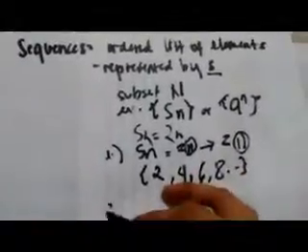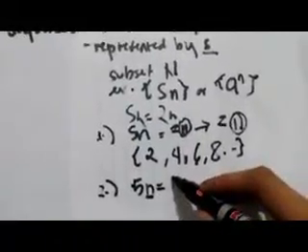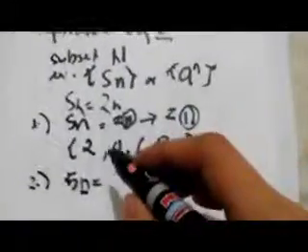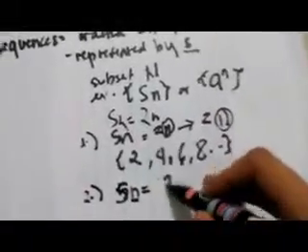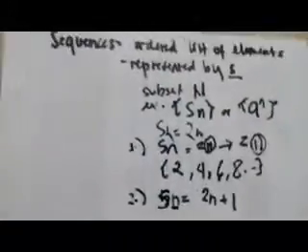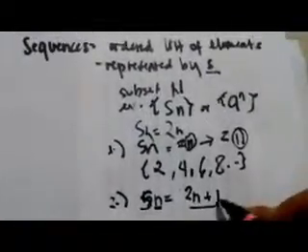Here is another example. For example 2, we have S_n equals 2n plus 1. This is like the problem you're supposed to solve.